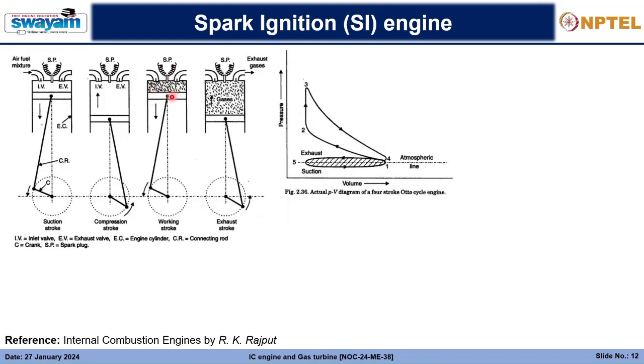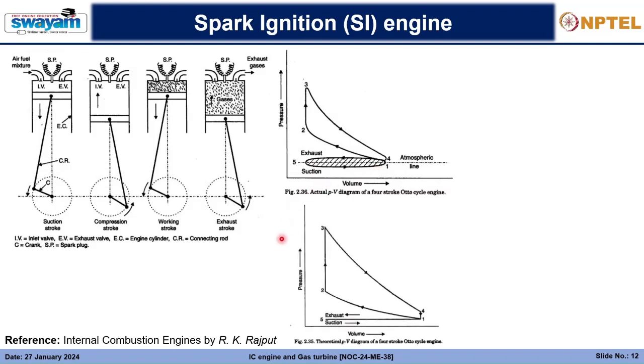After that, when the working stroke resumes and goes down, it will expand. The volume is increasing whereas the pressure is decreasing, and eventually it will land up at 4, and from 4 the exhaust stroke will go. Here the pressure should be a little bit higher than the atmospheric line in order to push the combustion gases away from the exhaust valve. So that's how the PV diagram looks.